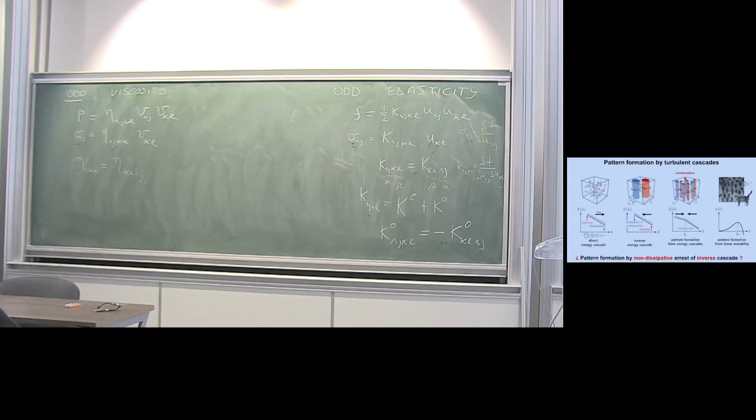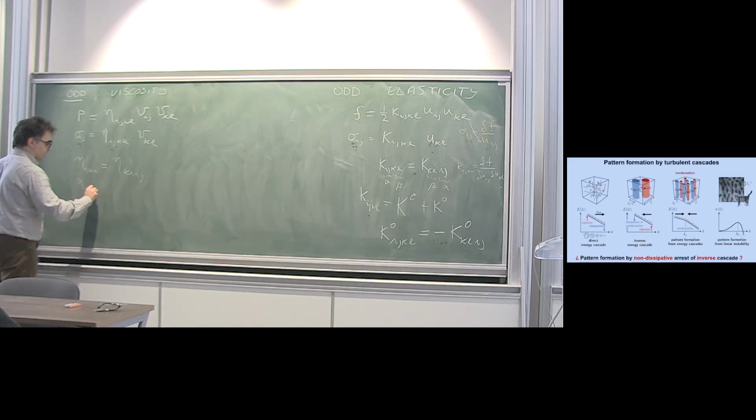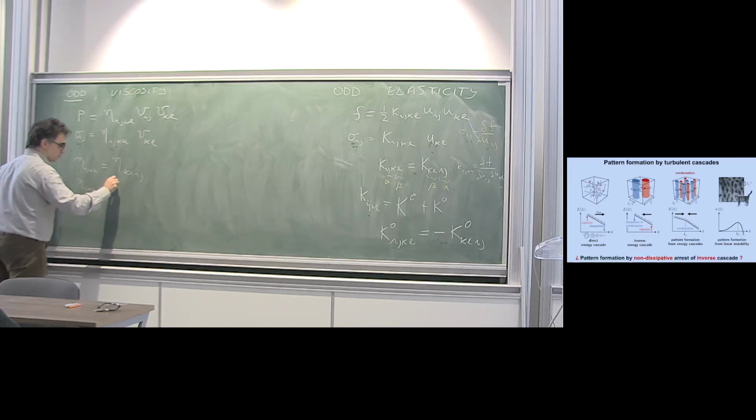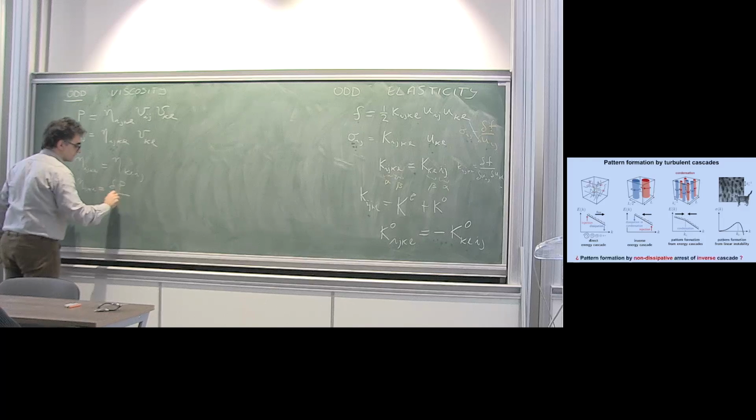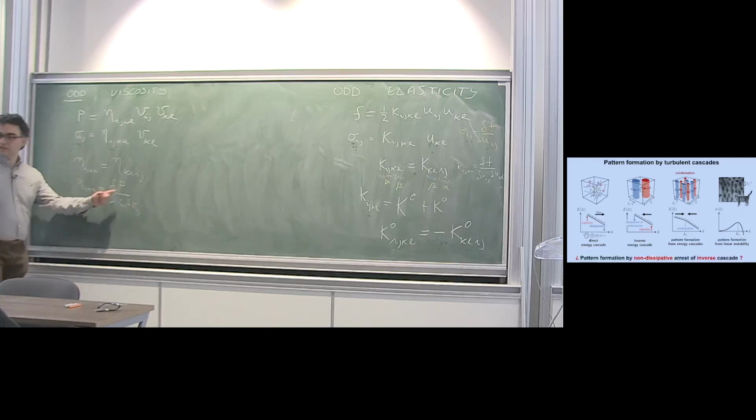Okay? That assumes that viscosity is associated with dissipation. It assumes in particular that eta_ijkl is equal to two derivatives of the dissipation or entropy production rate with respect to the gradient of the velocity, and then by construction it has to be symmetric.